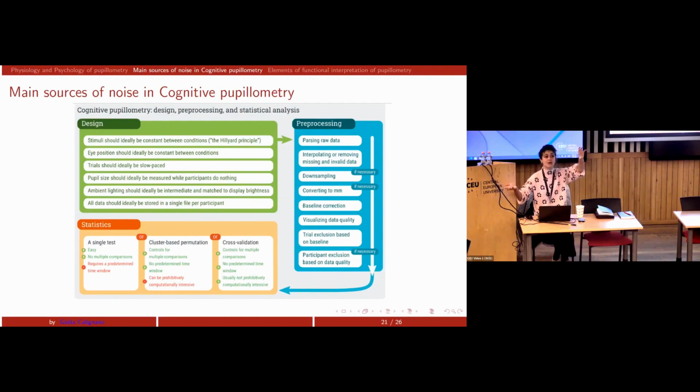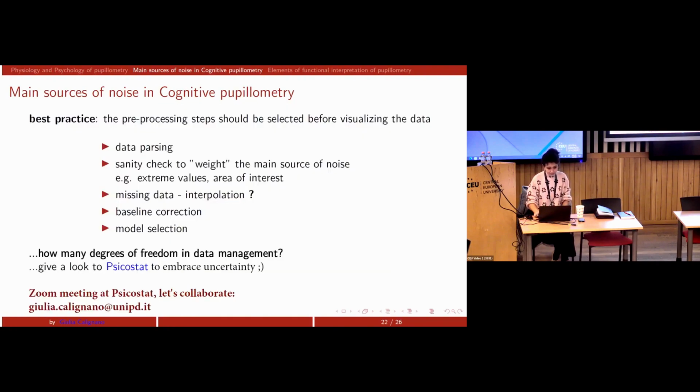By the way, now I'm thinking of something else, I'm interested in investigating other aspects, and I'm going to explore. So let's separate the confirmatory and exploratory parts, and it's fine. There's no problem in this. Or the cluster-based permutation can be another nice approach, or the cross-validation.